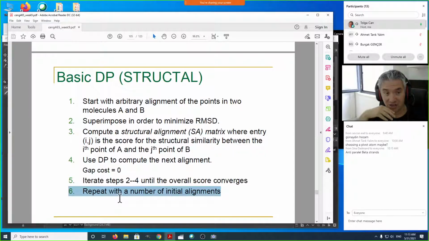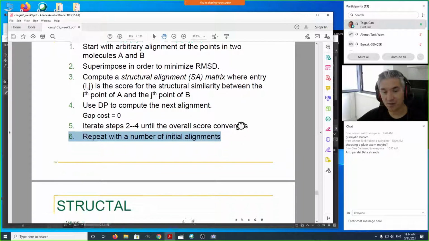Since the initial alignment at step 1 determines where you end up, you may get stuck at a local minimum depending on your initial alignment. Therefore, it's a good idea to run the algorithm a number of times, starting with different random alignments between these two structures. So this is what it says: run the same algorithm over and over with different random starts.